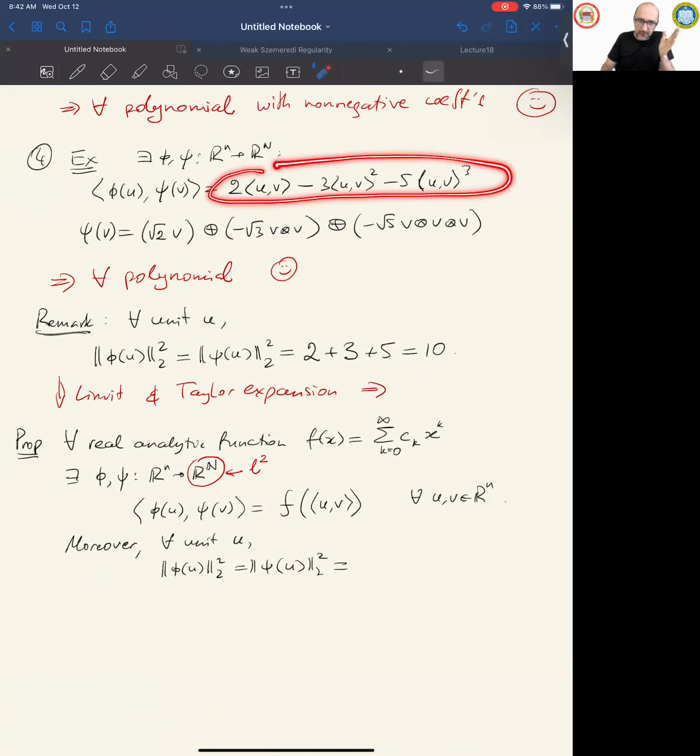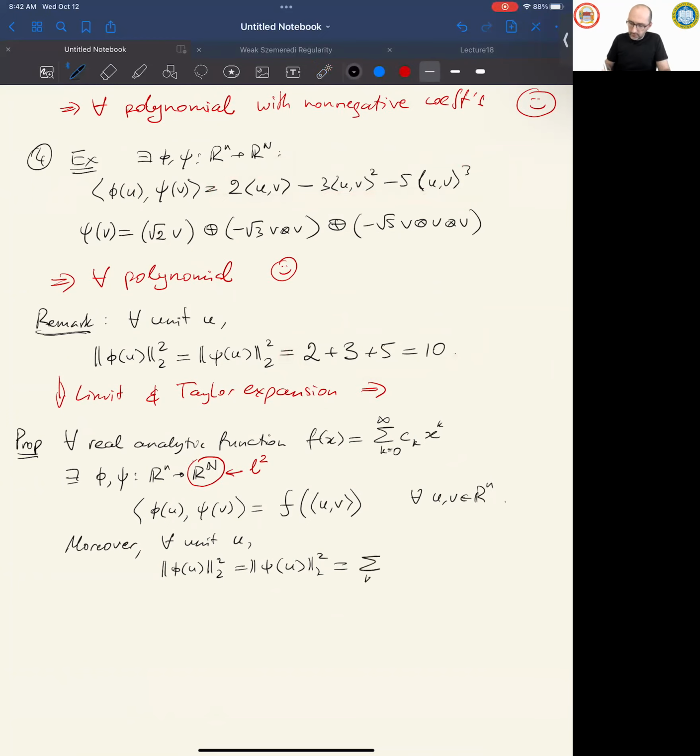When we build this particular function, what did we get as a norm? We just get the sum of the coefficients, 2 plus 3 plus 5, right? But without the signs, just absolute values, right? And of course, the same happens generally. So sum of k, 0 to infinity, ck, the sum of the coefficients of the Taylor expansion. So that's it.